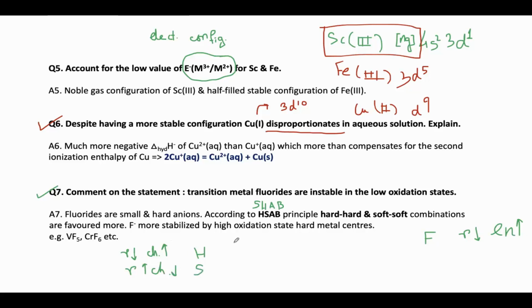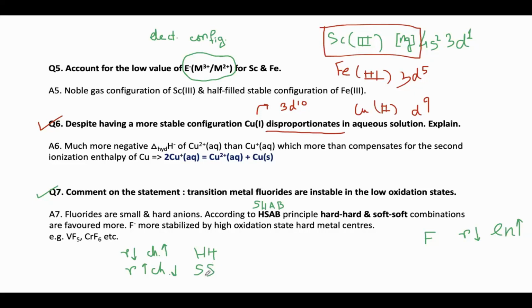Now, according to this hard soft acid base principle, that is the HSAB principle, hard and soft interactions are very much favorable. So they say a hard species will prefer another hard center, and a soft species will always prefer another soft center.